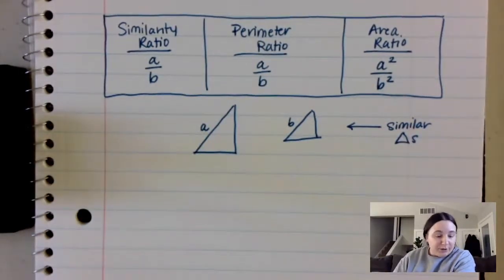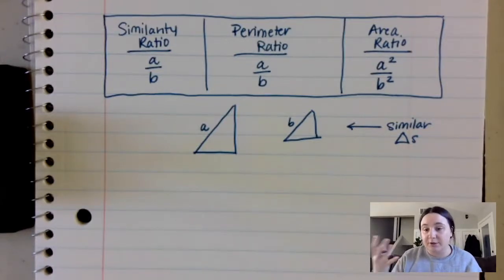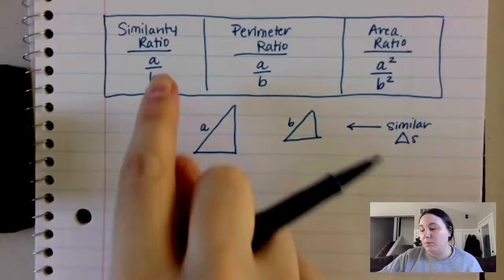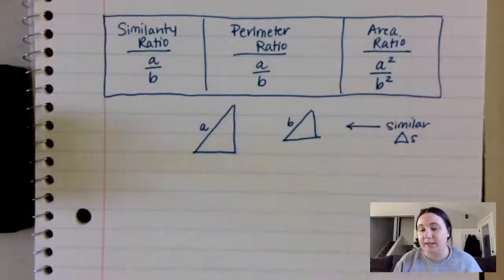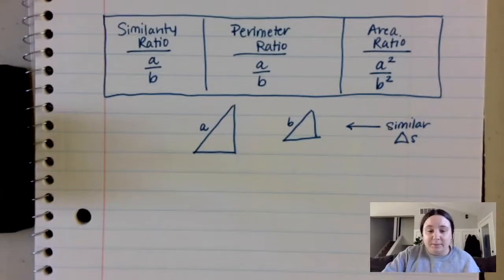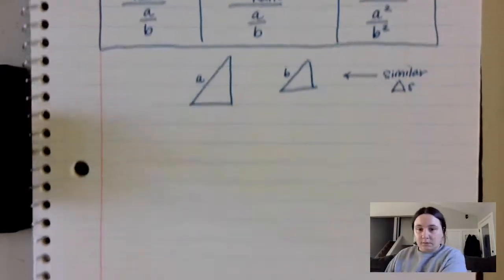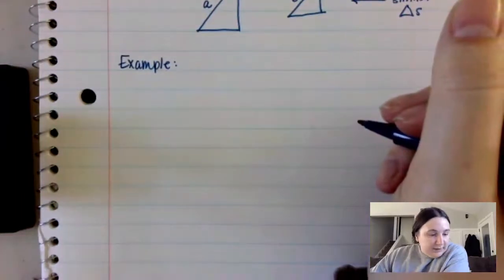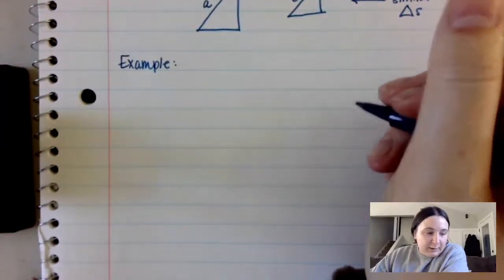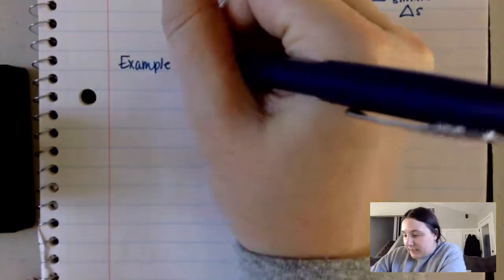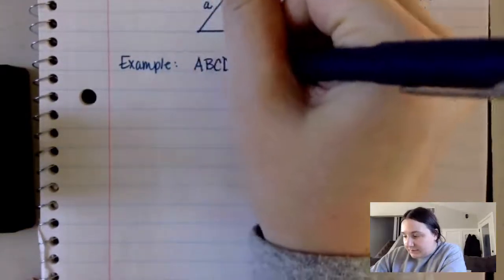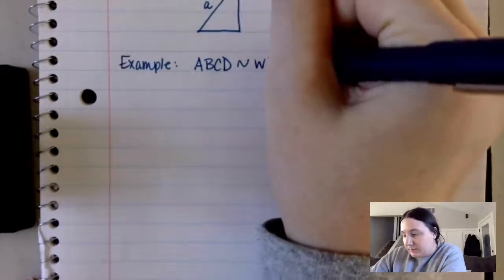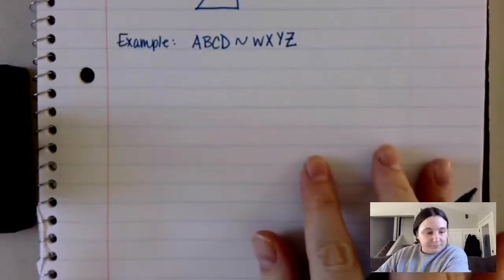In the 2.0 level, we are just finding those ratios. So if I give you a similar set of shapes, can you just tell me what is the similarity ratio, what's the perimeter, and what's the area? Let's do an example of one of those. Let's say that we have rectangles this time. Rectangle ABCD is similar to rectangle WXYZ.